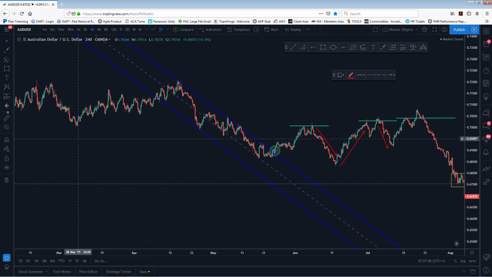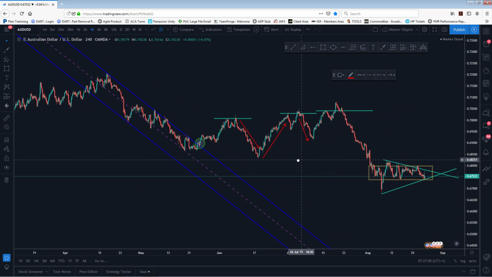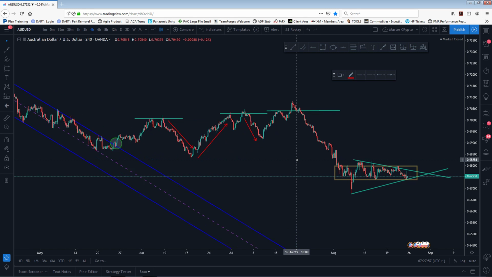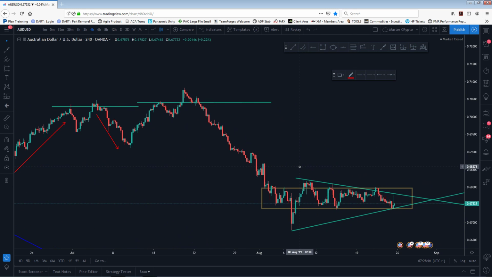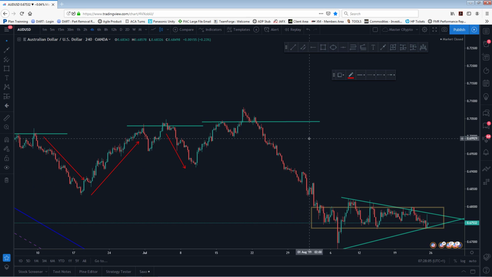And then hold on, let me give you a good example of how to use fibs. Here, this could be an example of where we use fibs. So this is why I want you to draw in these moves. Hold on, let me get rid of this line.